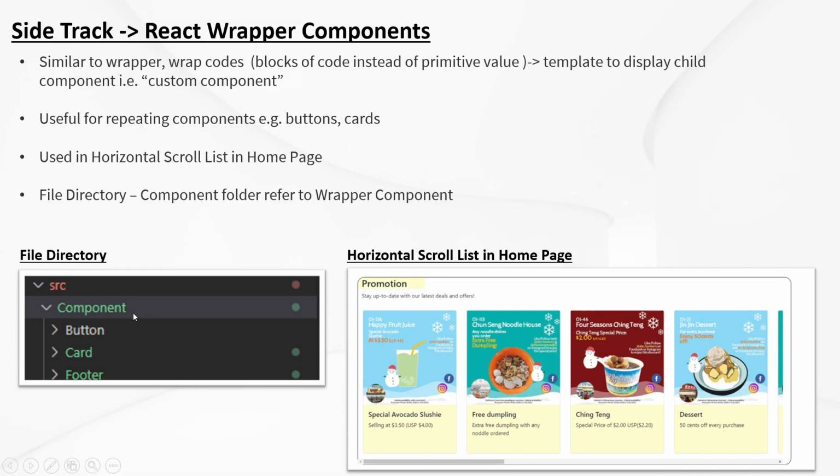And if you do recall, in our file directory we have a component folder that stores the button, card, and footer component folders, and this components folder is actually referring to wrapper components. So at this moment, I give you some time to digest and to trace back the dots.